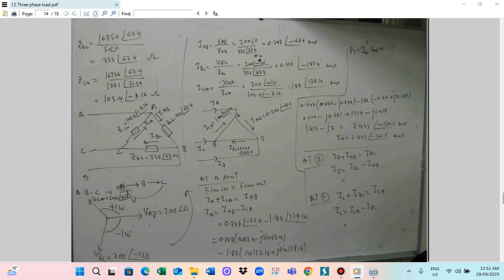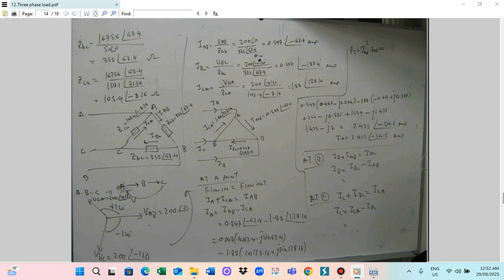This one becomes positive: 1.88 multiplied by 0.617, so this is 1.159, minus j(1.88 multiplied by 0.786), so 1.477.